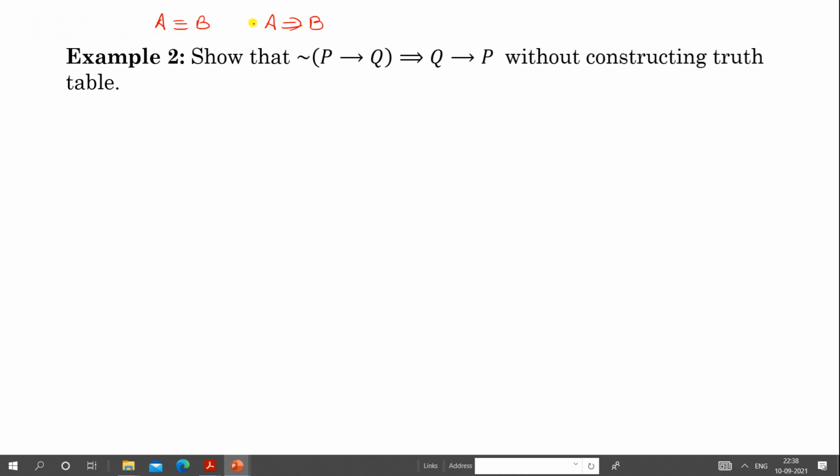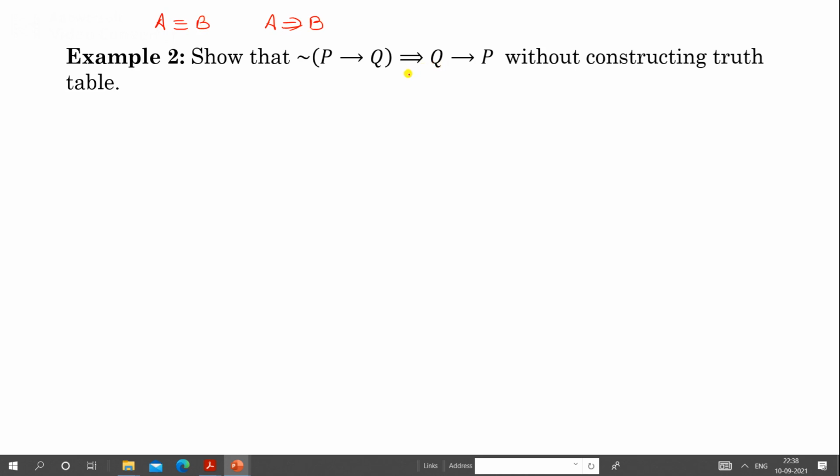But whenever A tautologically implies B, you cannot write A is equivalent to B, because whenever A is true, B is true, but whenever A is false, you cannot say whether B is false or not.